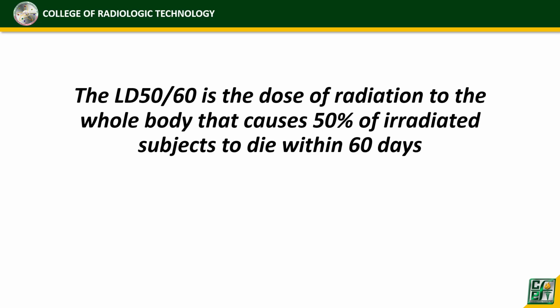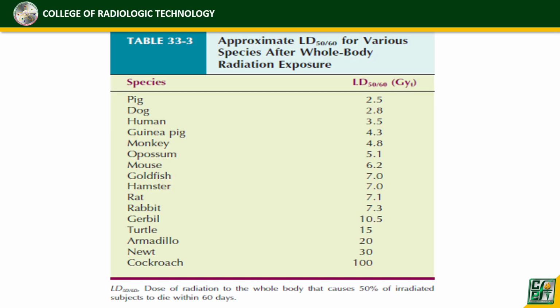So again, the LD50/60 is the dose of radiation to the whole body that causes 50% of irradiated subjects to die within 60 days. Okay. So these are the approximate LD50/60 for various species after whole body radiation exposure. Okay. Pig, dog, ayan.